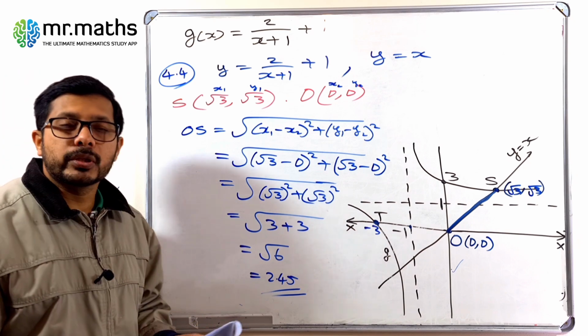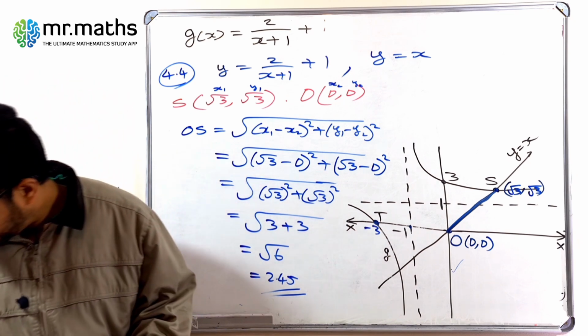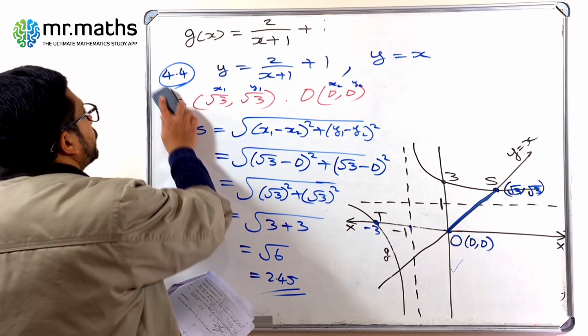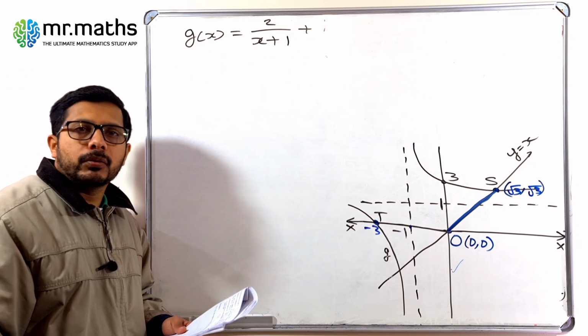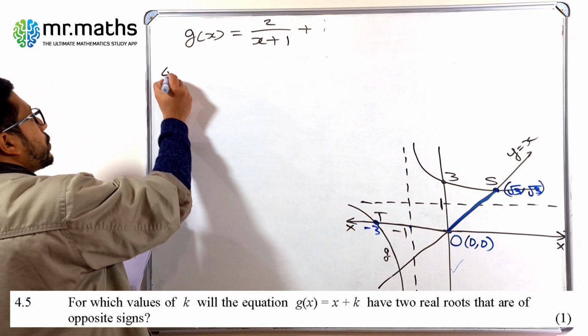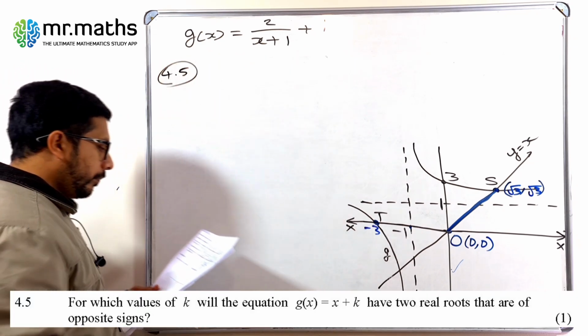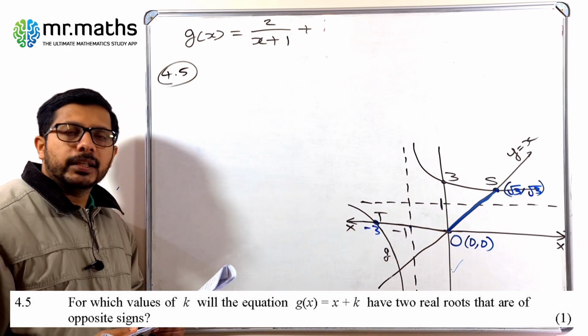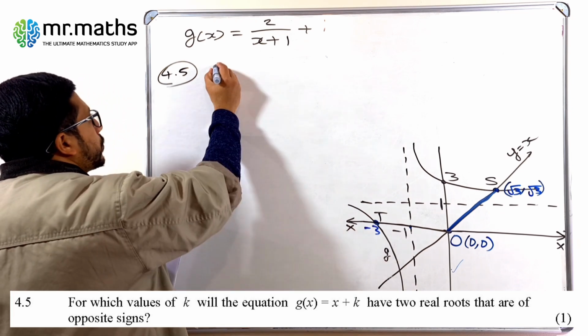Now let's go to question number 4.5. Okay, question number 4.5. What is question number 4.5? For which values of k, that means you have to find the values of k.